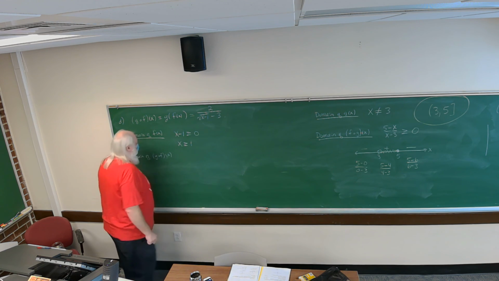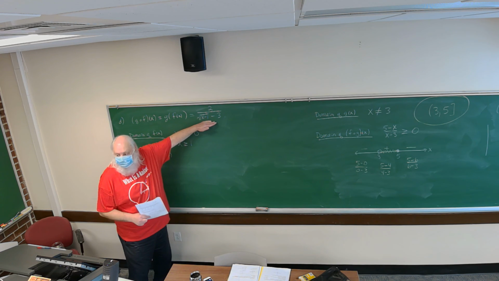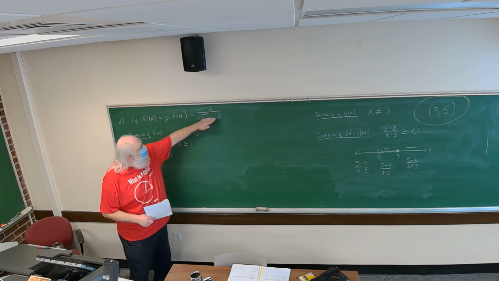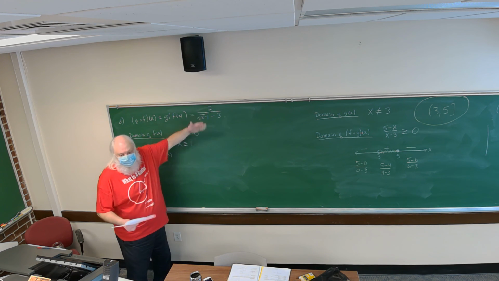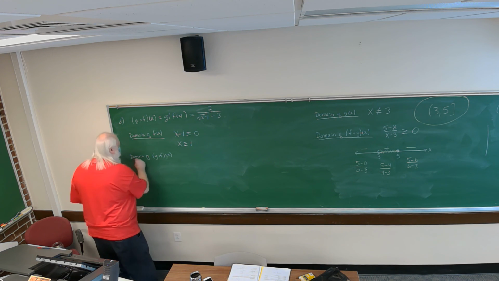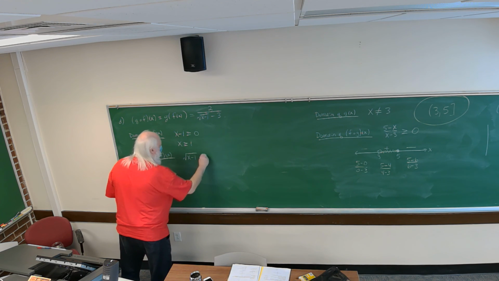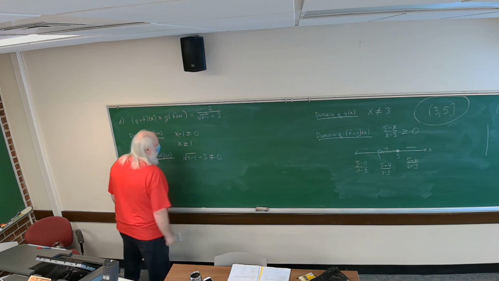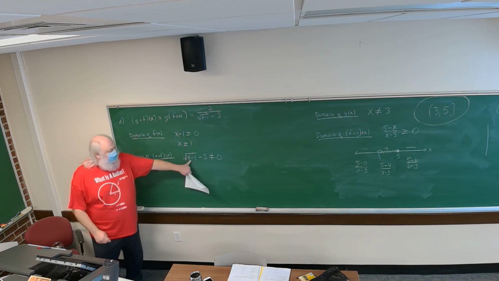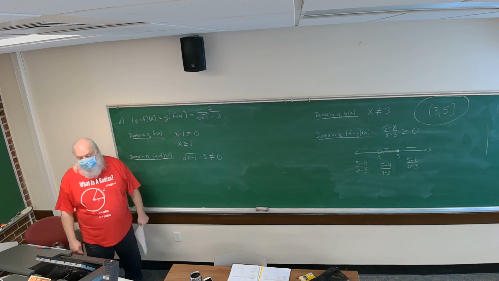Okay? So the composite has the additional restriction that the denominator can't equal 0. Because any value of x that makes the denominator equal to 0, you get 2 divided by 0, which is undefined. Okay? So we have the additional restriction that the denominator, square root of x minus 1 minus 3, can't equal 0. So not only does x minus 1 under the radical have to be greater than or equal to 0, but this denominator can't equal 0.